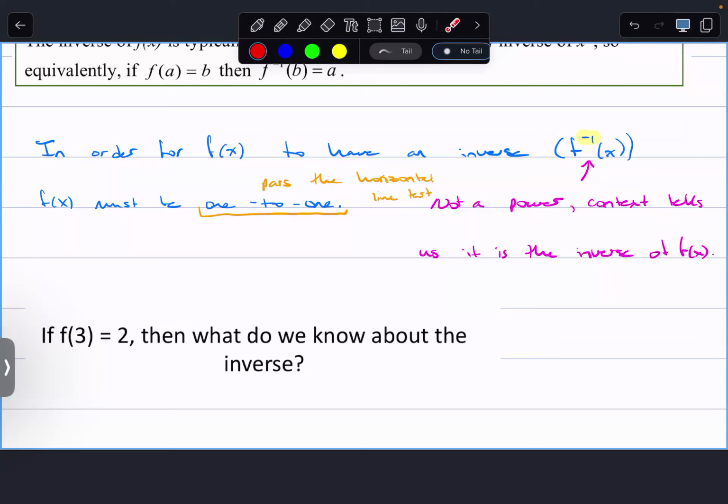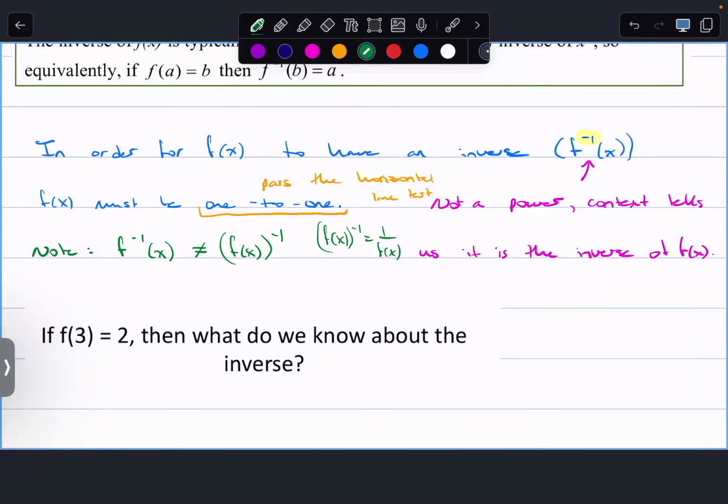There was one other thing. Note: there was a lot I wanted to smush in here. The inverse of f of x is not the same as f of x to the -1. That's going to be really important, because f of x to the -1 is 1 over f of x.